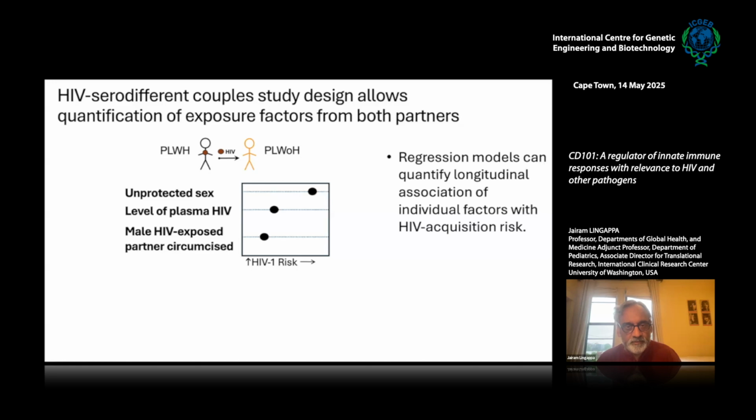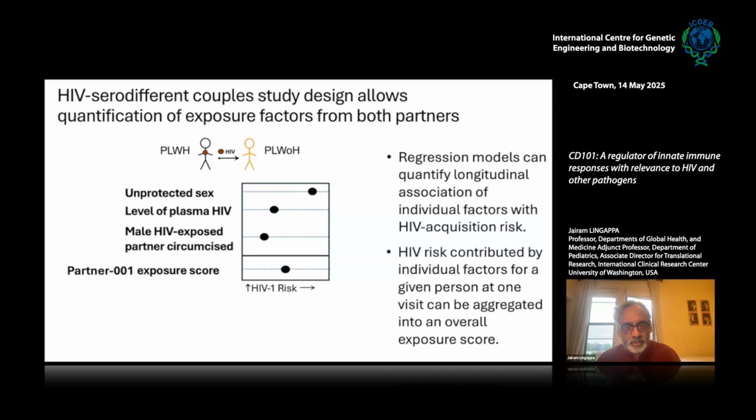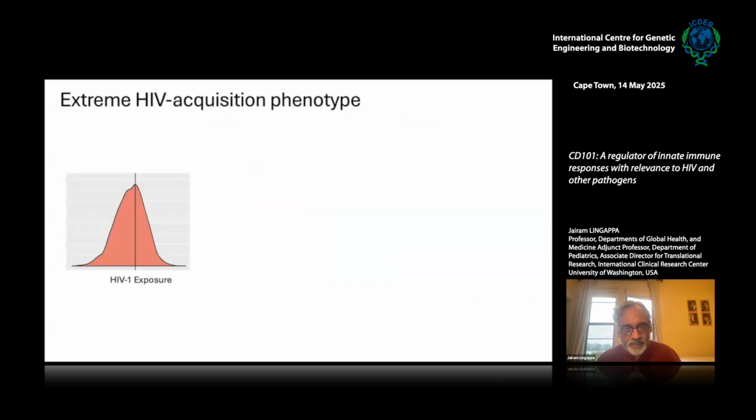You can identify those at the enrollment visit, and you can build statistical regression models that quantify the longitudinal association of these factors with HIV acquisition risk and generate an HIV risk score that takes all the individual factors for a given person and aggregates those to an estimate of an exposure risk score that captures all that epidemiologic information and allows you to quantify that.